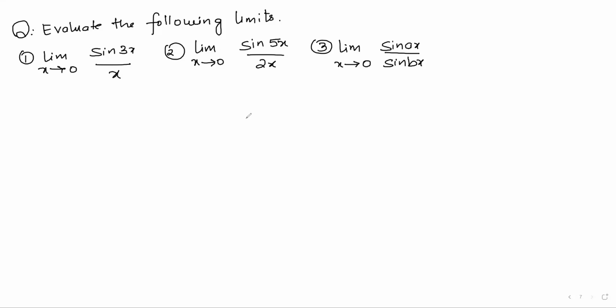So 0. B by A. Answer is not B by A. This is A by B. Okay. Please check the calculation. Sparsh, please check again.